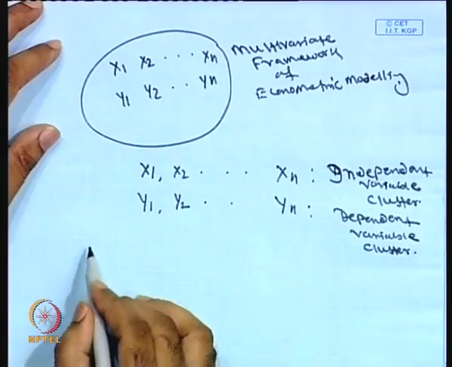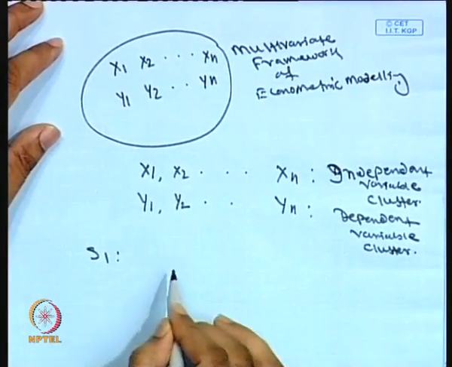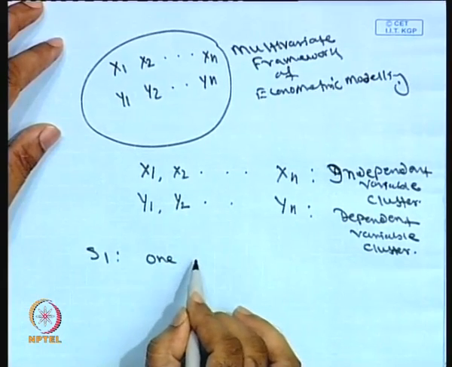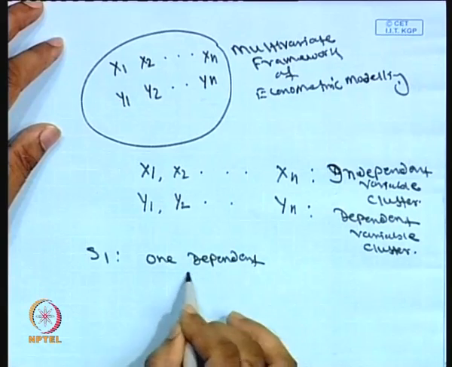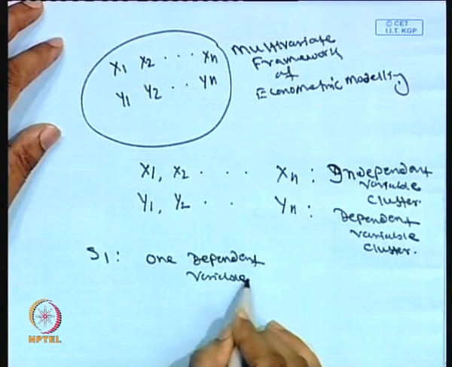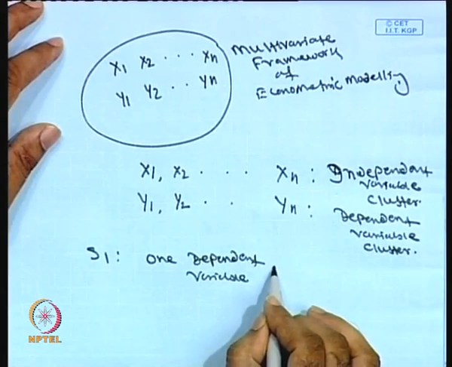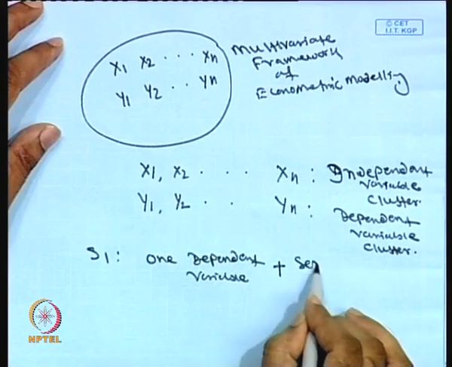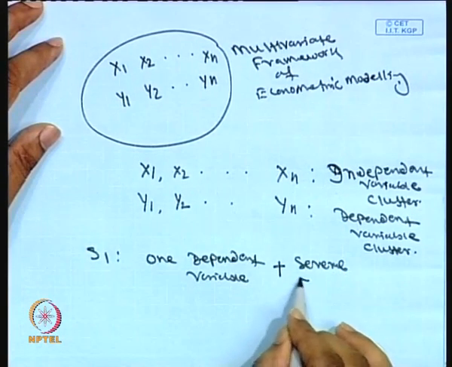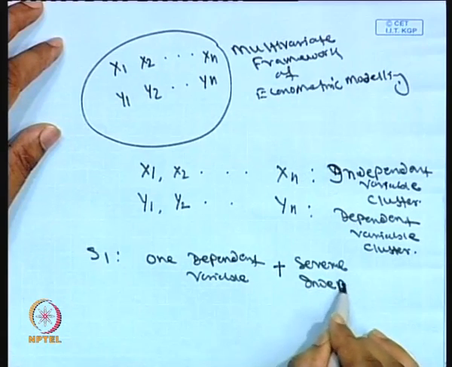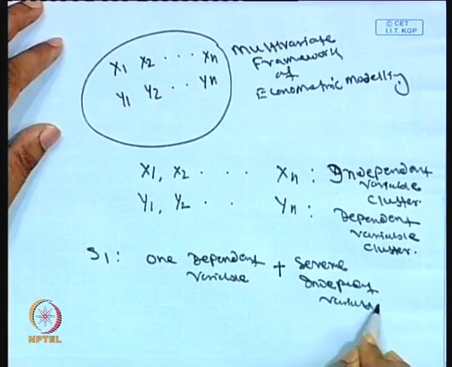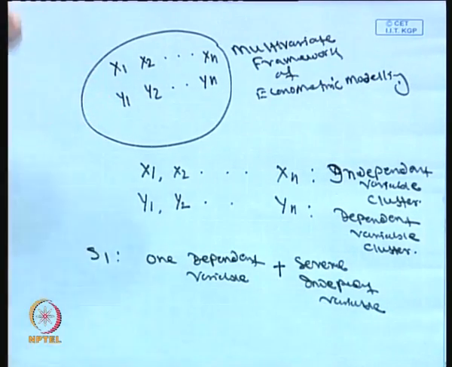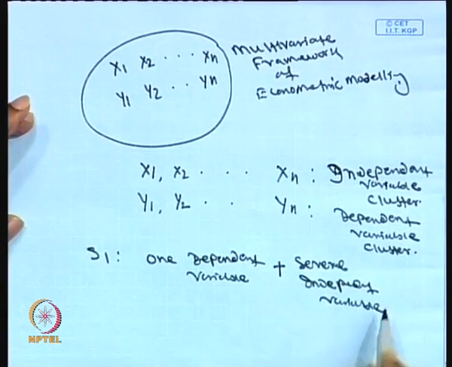There are two different situations altogether. Situation 1 is one dependent variable with several independent variables.